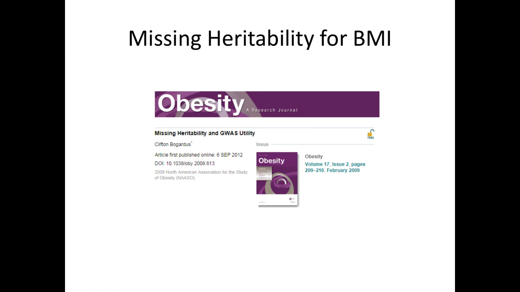Since I'm talking about BMI, I would just give this example: there's missing heritability for everything of interest, but missing heritability for BMI is a big problem. Remember, identical twins from my first slide are correlated almost 0.9 out of 1 for their body weight, their body mass.